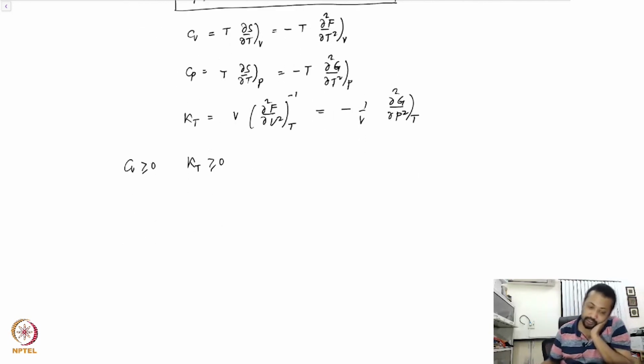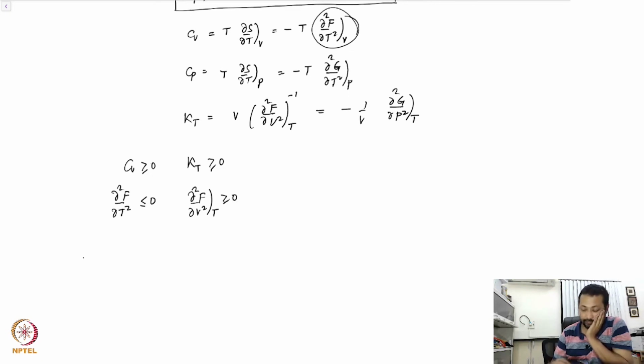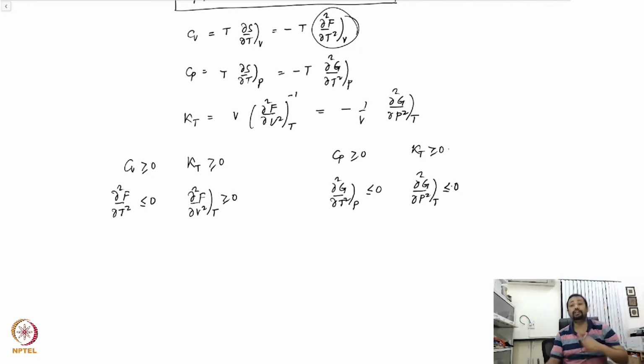And this essentially means that if I look at this expression over here, del 2F del T2 must be less than or equal to 0. Kappa T being positive would mean that del 2F del V2 at constant temperature must be positive, correct? I also have Cp greater than 0 and kappa T greater than 0, which would mean that del 2G del T2 at constant P is less than or equal to 0 and del 2G del P2 at constant temperature must be less than or equal to 0.